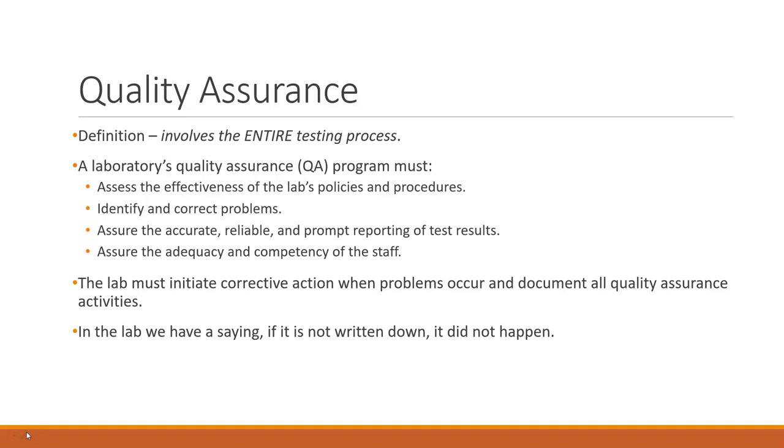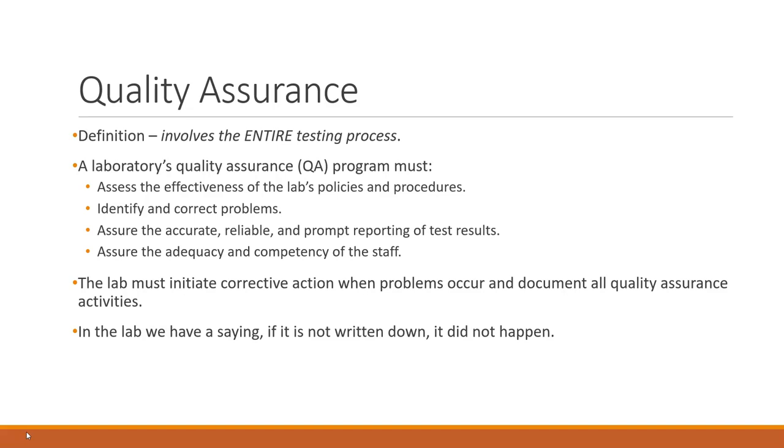So quality assurance, the definition of quality assurance, involves the entire testing process. A lab's QA program must assess the effectiveness of the lab's policies and procedures, like my employee who did not follow protocols and that patient was sent to the ER.